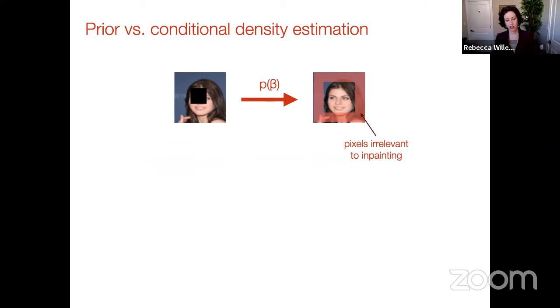So the fact, for instance, that the background is blue and has some letters in it doesn't tell me anything about how to fill in those pixels in her face. And yet, when I use these decoupled approaches and try to learn this full probability density, I'm having to use my training samples to learn all kinds of structure in the image that's irrelevant to this in-painting task.